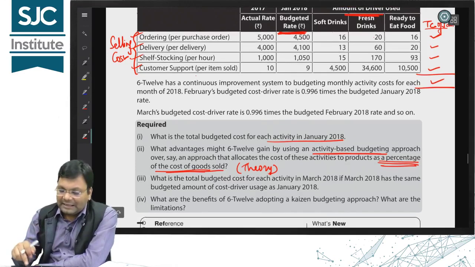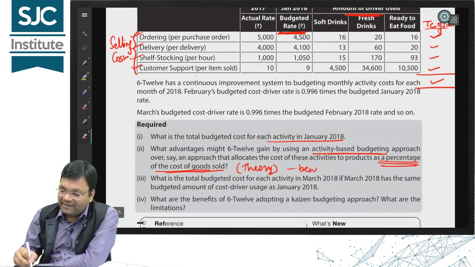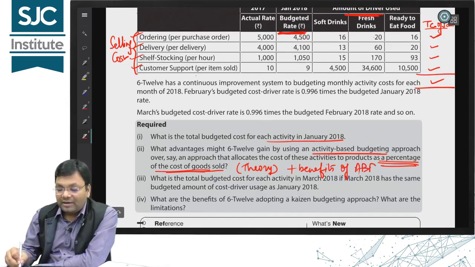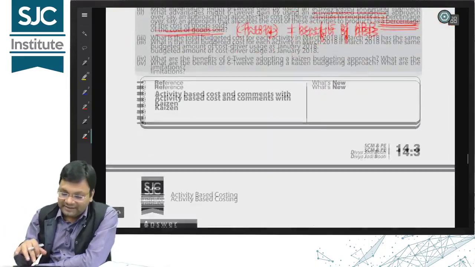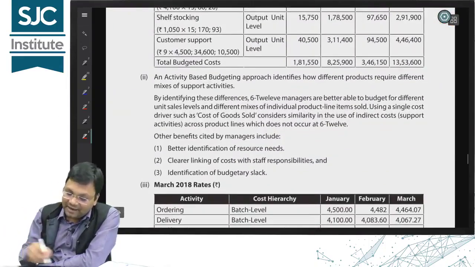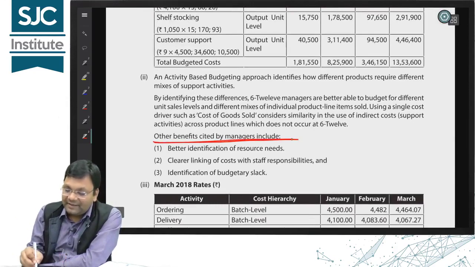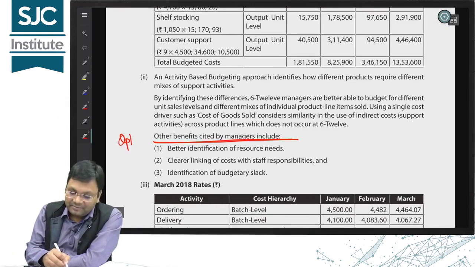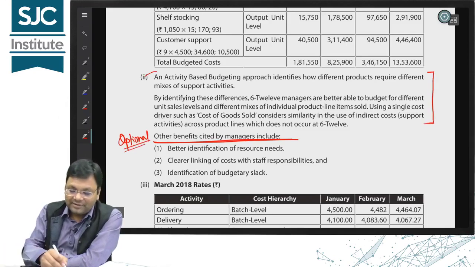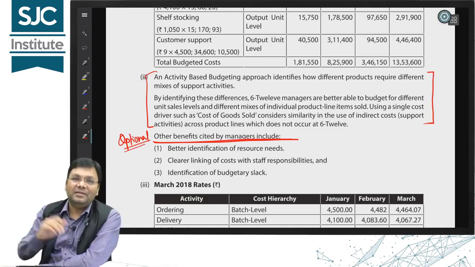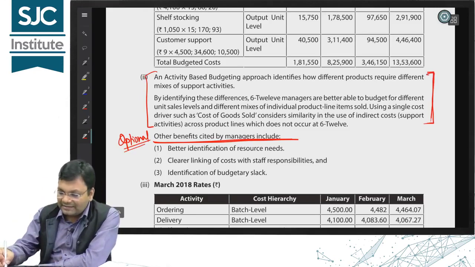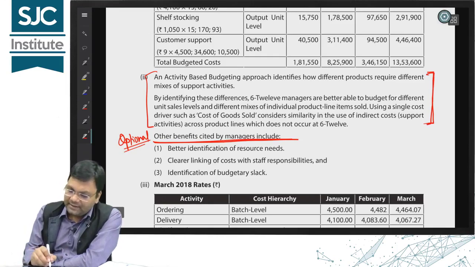And moreover, you can write about the benefits of ABB, which is optional. You may not write, but in the answer given here, you will see that they are giving you the other benefits of activity based budgeting, which is optional, because you can always conclude just by what is asked in the question. What is asked in the question is to comment on activity based budgeting in comparison with cost of goods sold. So that is written well here. Okay.